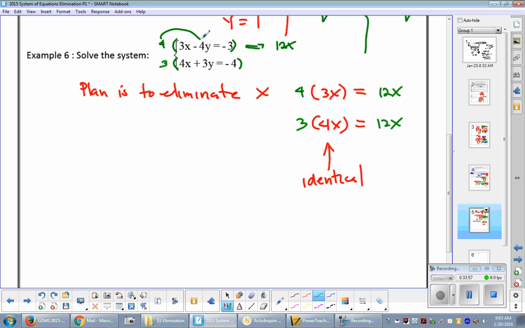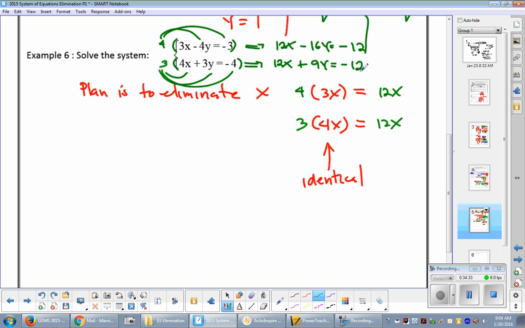What's 4 times negative 4y? It's negative 16y. And then what's 4 times negative 3? That's negative 12. For my second equation, I will have 3 times 4x will be 12x. 3 times 3y will be positive 9y. And then 3 times negative 4 will be equal to negative 12.